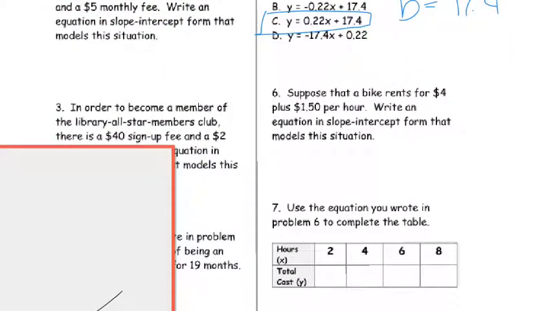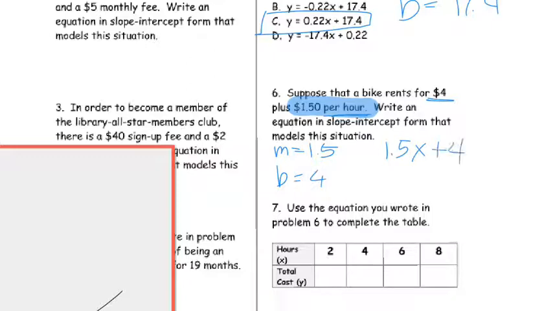If I look at the next one, as soon as you look at that, without even reading much, do you see the $1.50 per hour? That's my big hint that that's my slope. That's what my m is. So my m is 1.5 per hour, and my initial point is $4, so my b is 4. So my equation is 1.5x plus 4 equals y.